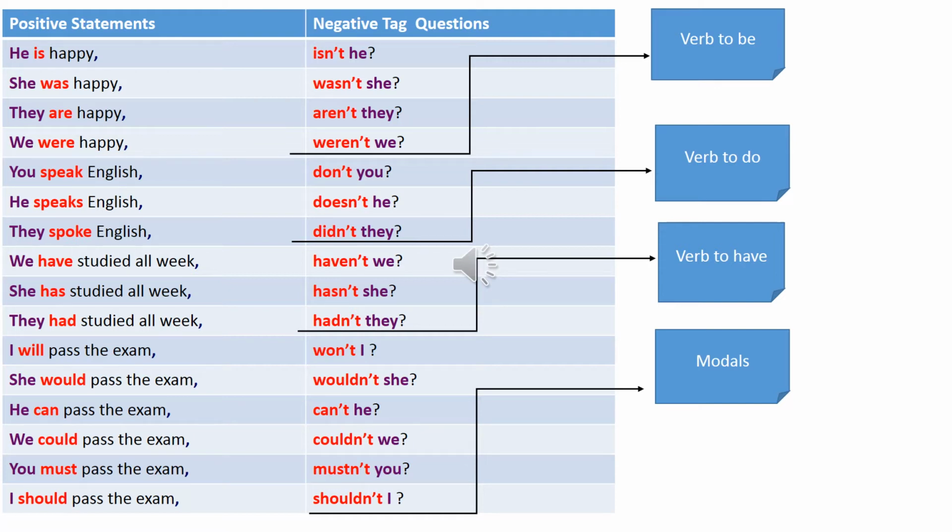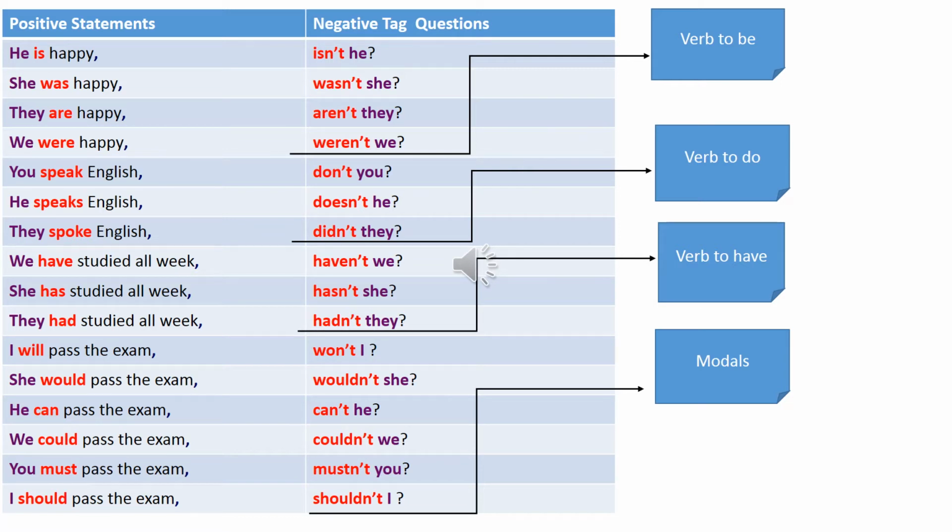Okay, if it is he is not happy, the question tag will be is he. Again, if the statement is he is not happy, the question tag will be is he.